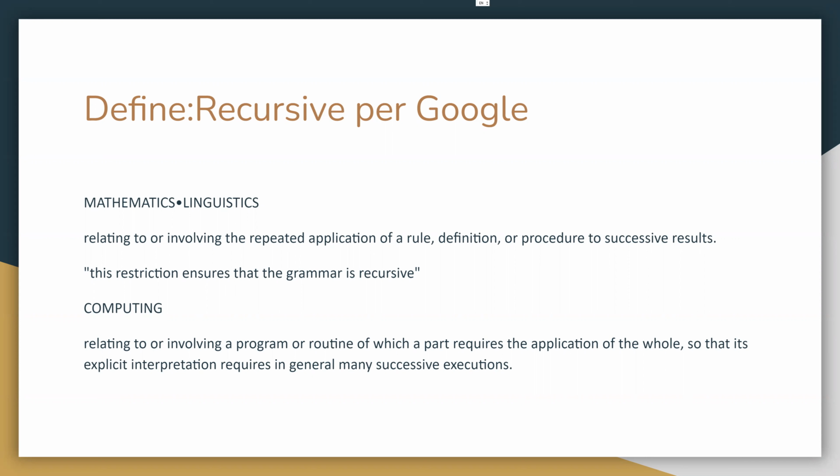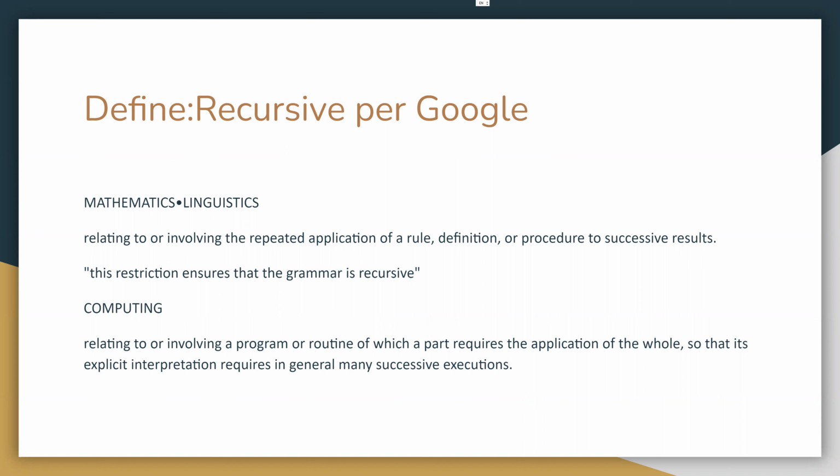In linguistics, grammar a lot of times is recursive, because in a lot of language studies, you have to define a term using some other grammatical term. So there's a self-referencing situation there.